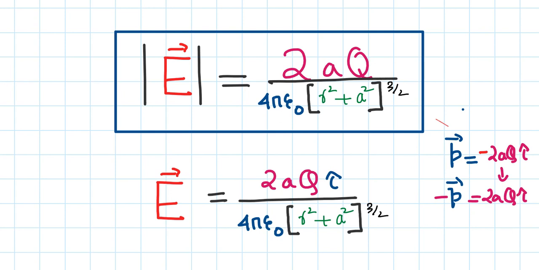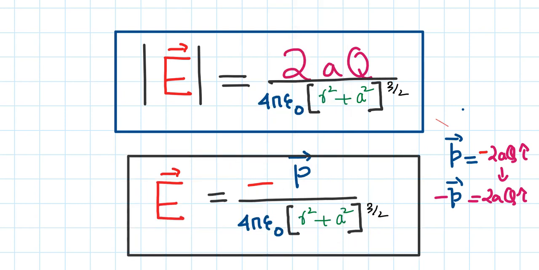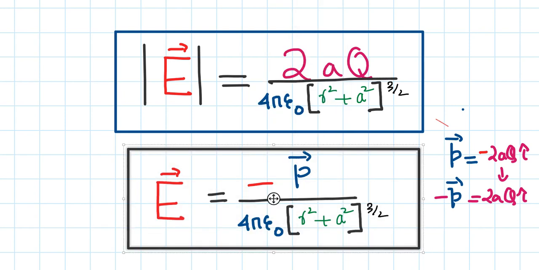So now you can replace 2AQ i cap with minus vector P.